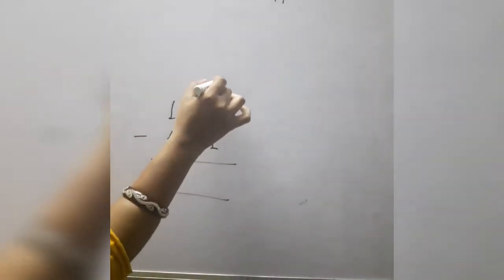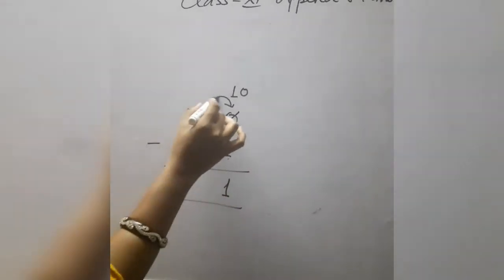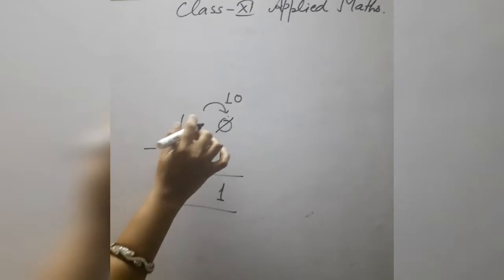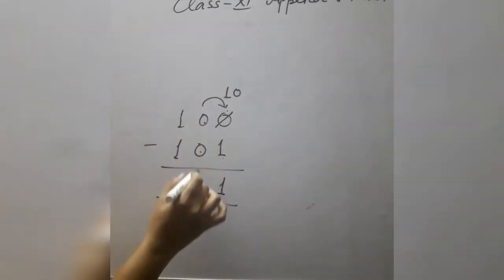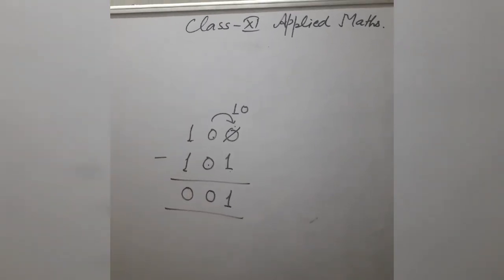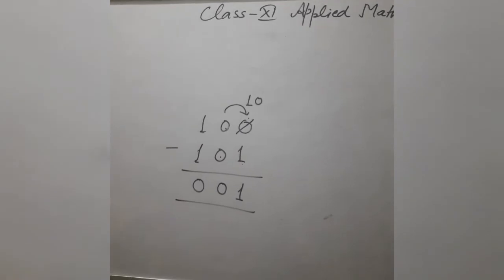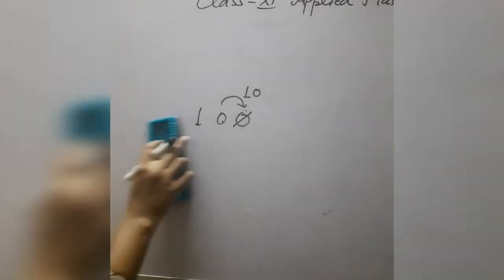After taking the borrow it becomes 1 0. Now 1 0 minus 1 becomes 1. Here after giving 1 borrow it becomes 0. 0 minus 0 is equal to 0, and 1 minus 1 is also 0. So the answer is 0 0 1. In this way you can find the difference of two binary numbers.